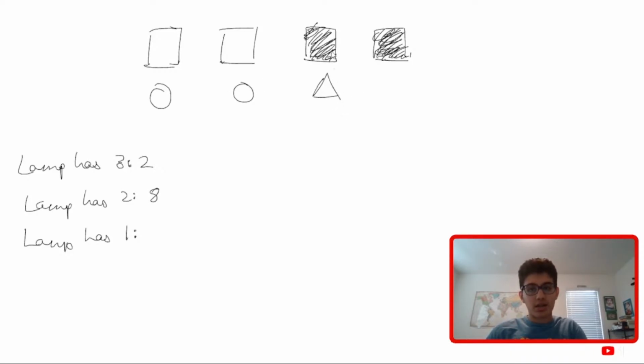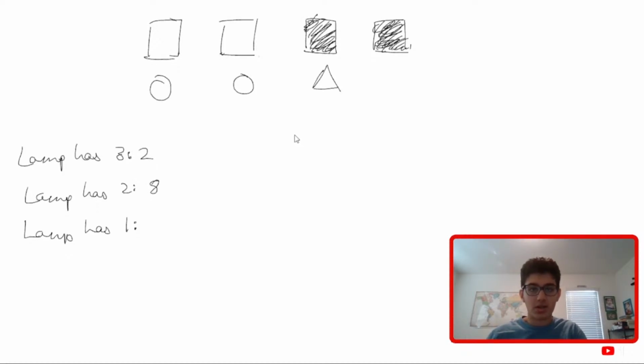Okay, the triangle can either be black or white, right? Let's say it's black. Then the other two can either be both white or one white, one black. This gives you two cases. And it'll be the same if the triangle is the other color. So that should be four ways.